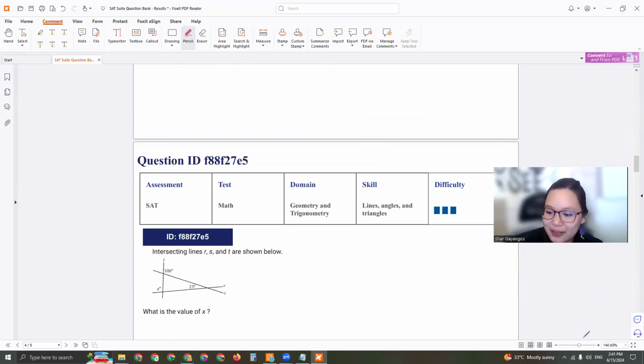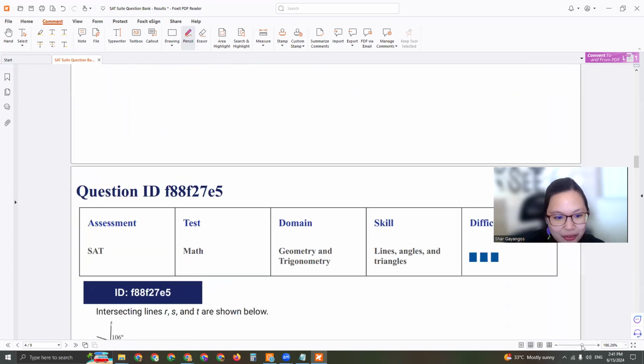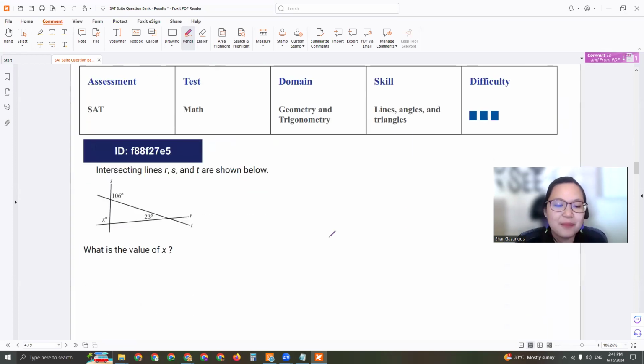All right. And then here we go. Another 3 out of 3 in terms of difficulty. Okay, remember the adjacent triangle theorem that I mentioned a while ago? We will be using the same theorem here. But first, let's figure out the measure of this angle.